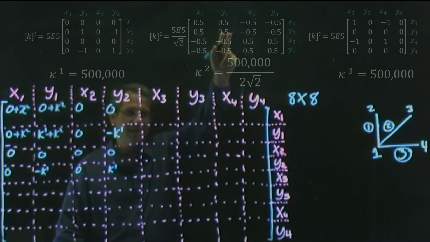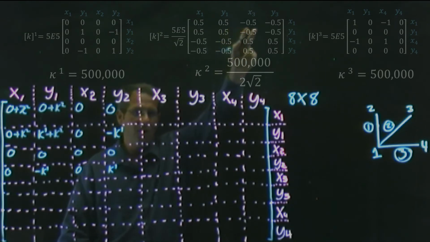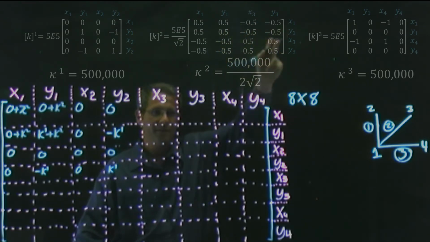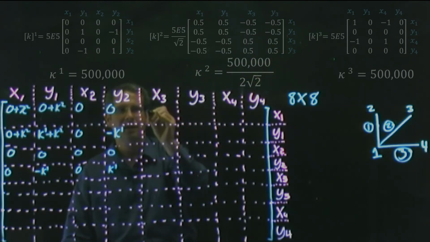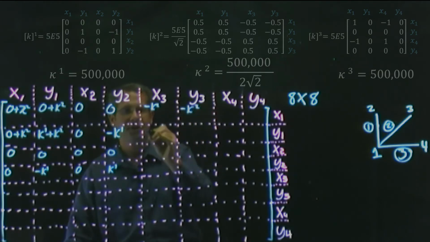I have all negative kappa 2s in this quadrant of this matrix. This applies to the third x3 and y3 column, but the x1, y1 rows. So here I will get negative kappa 2, negative kappa 2, negative kappa 2, negative kappa 2.